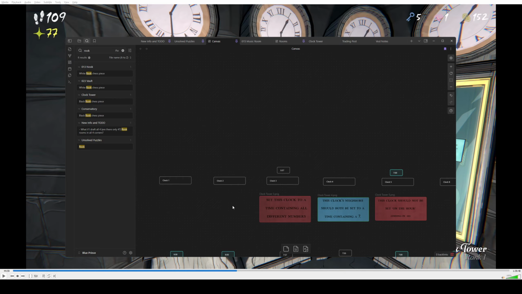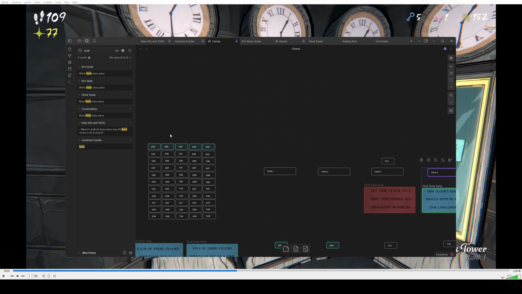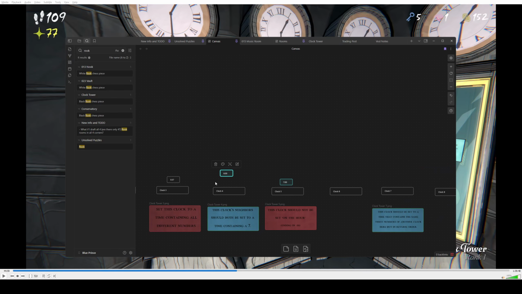Okay. Next. There's only a few options that this one can be because it has to be between these two. So this would be anything in this row. Actually, okay, because we have to use 6 o'clock, this one has to be 6 o'clock.